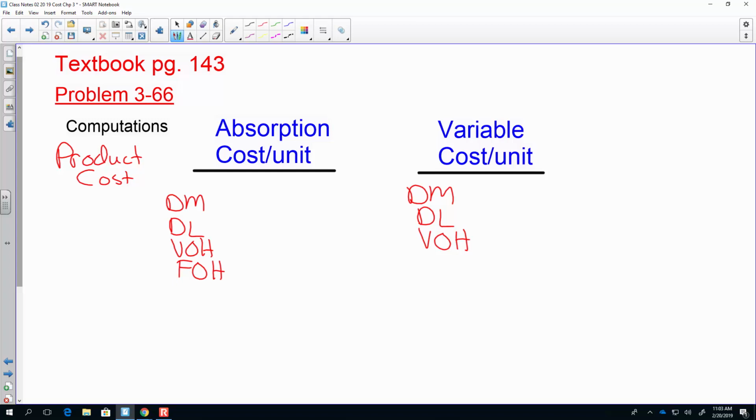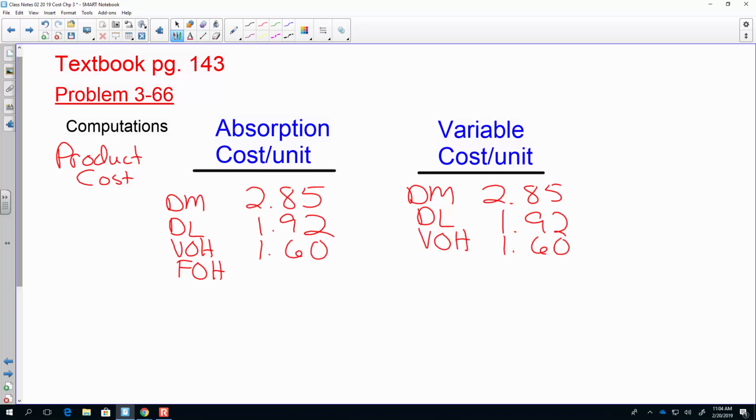2.85, 1.92, and $1.60. How do I get this one?